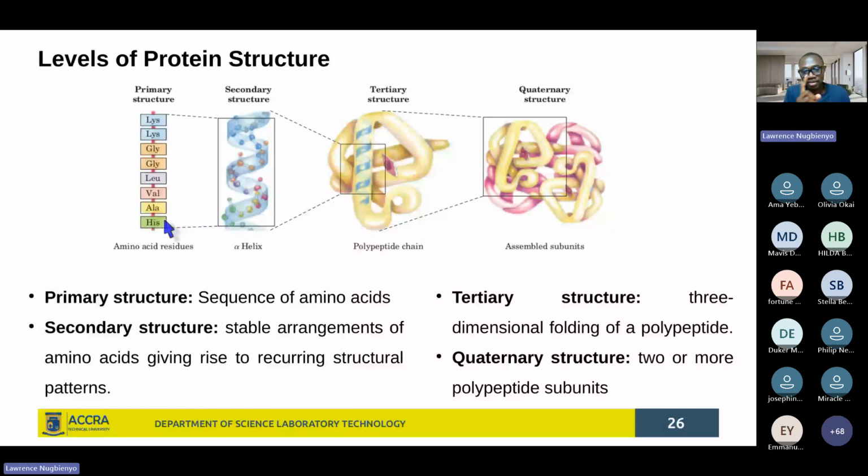When you are talking about that sequence, one amino acid after the other, what you are talking about is the primary structure of the protein. Just the sequence of the amino acids in the peptide chain. So that's a primary structure of the protein.